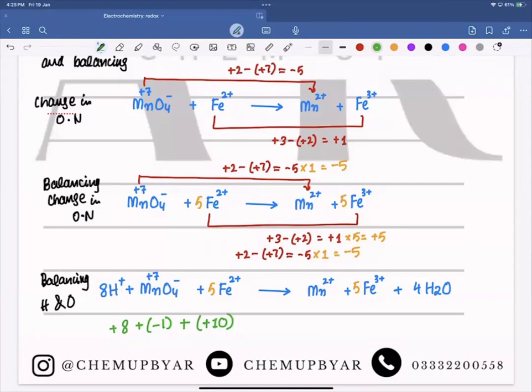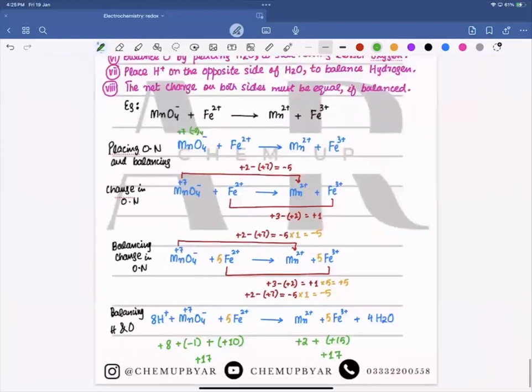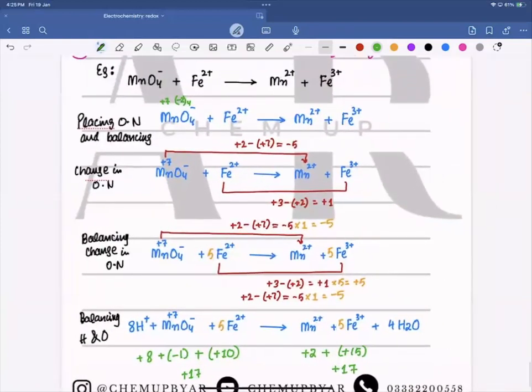Yes, sir. Now 5 times 2 plus 5 times 3 is +15, right? So if you add them, we get +17. And if I add these, I also get +17. So this indicates that my equation is balanced correctly. Is this clear to all of you? Sir, but we didn't add 4H2O.